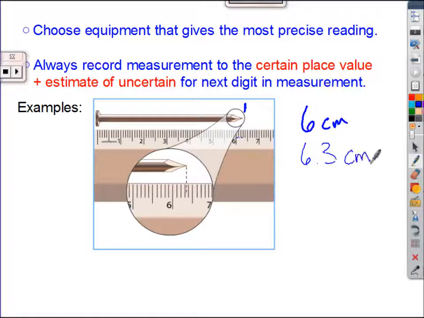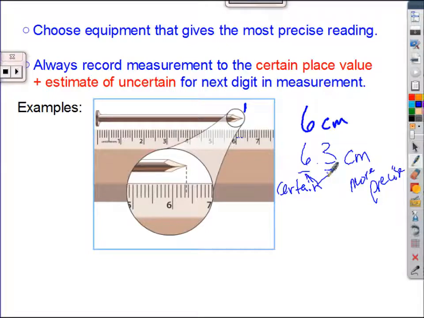That's a better, more precise measurement. But I can get even better than that because I know for sure it's 3. These are both called certain. I know both of these digits for certain.